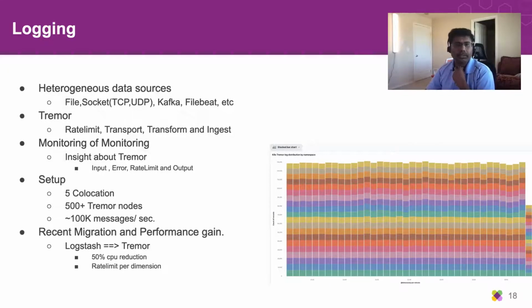With all those heterogeneous data sources, Tremor just acts as our one-stop shop. Tremor provides handy on-ramps for pretty much all our use cases. We were able to cherry pick all the configurations, and then boom, connect to them and extract the messages from all those sources.